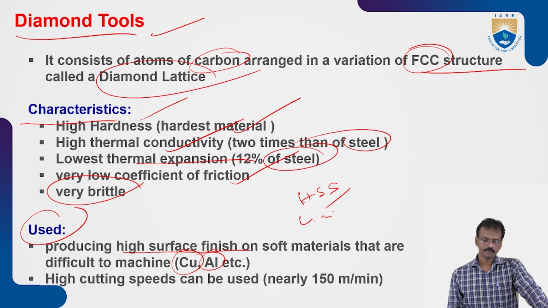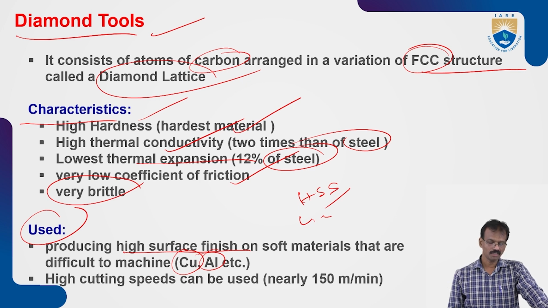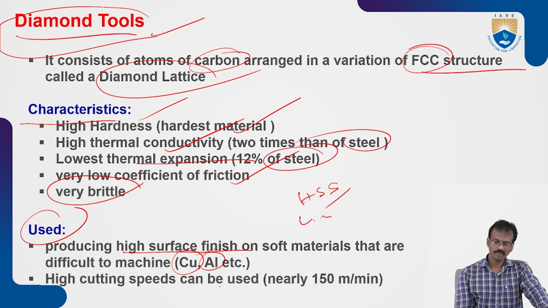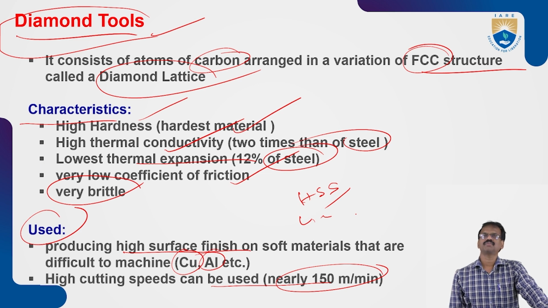By using these diamond tools we can perform machining operations on these very soft materials. That is the main advantage of this one. High cutting speeds can be used, nearly 150 meters per minute, very high.